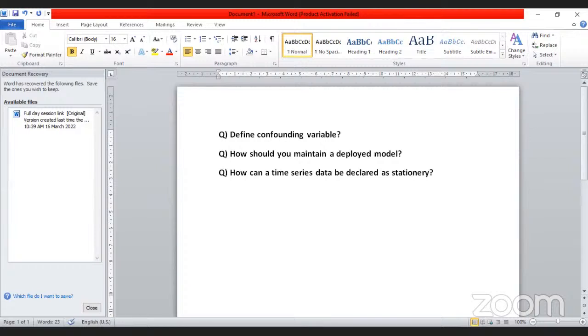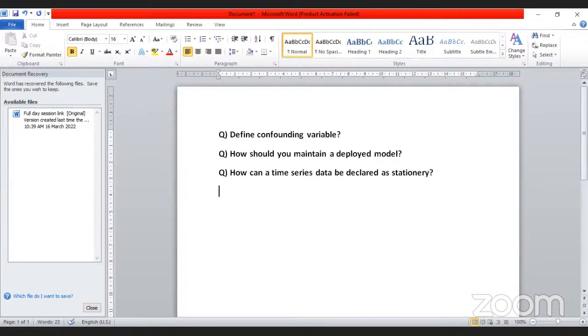To make our data stationary, we have to remove the trend. If we have seasonality, then also our data is not stationary because variance is changing with time. Whenever mean and variance are constant, the data is stationary.